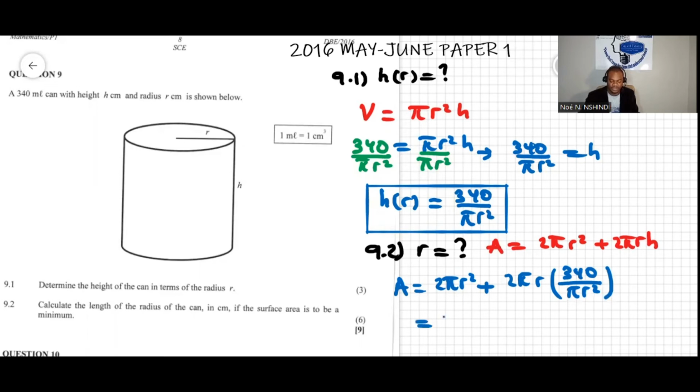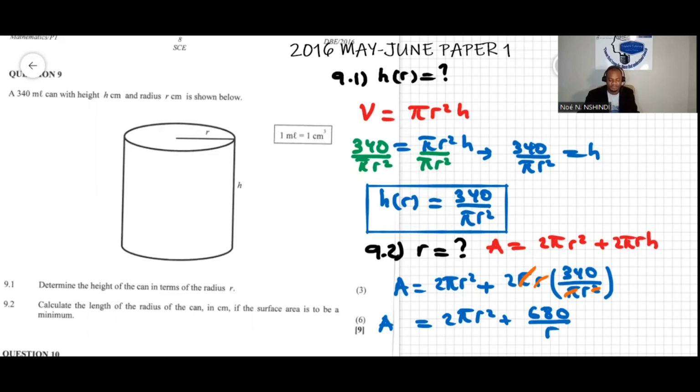The area will be 2 pi r squared plus 2 pi r times 340 over pi r squared. We can cross one r with the other r, and the pi, and then this will become 680 over r. That's the new surface area in terms of r.